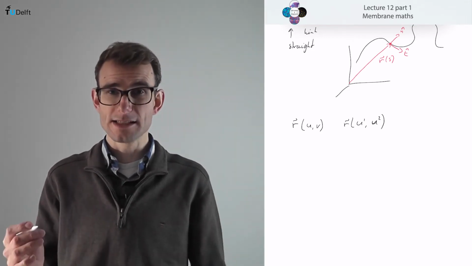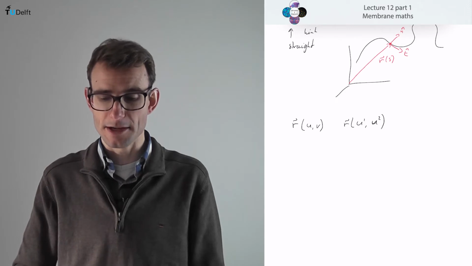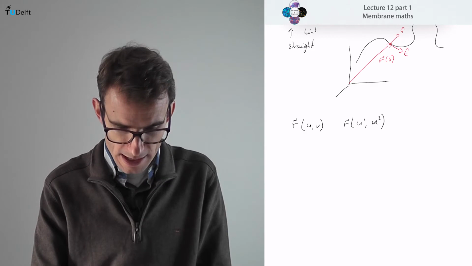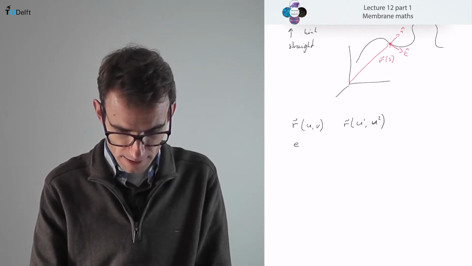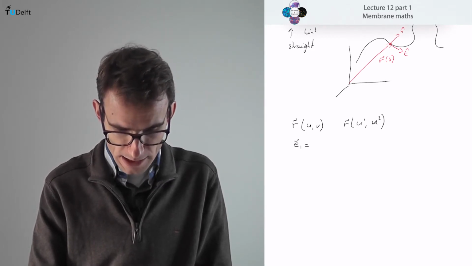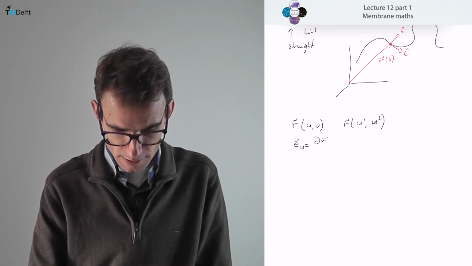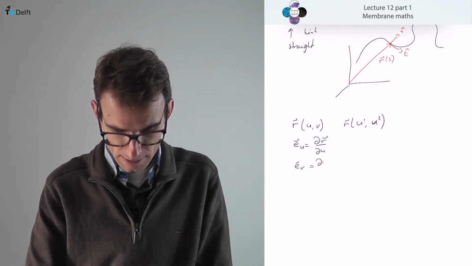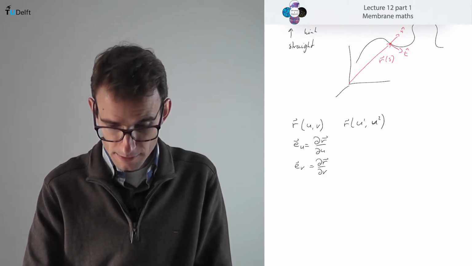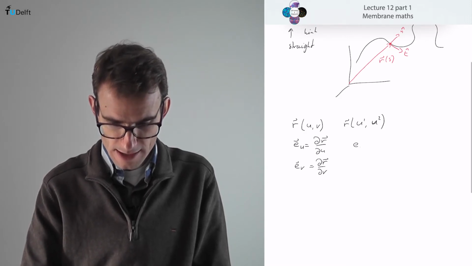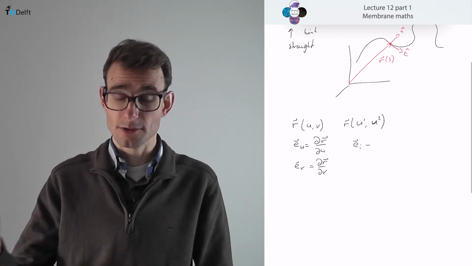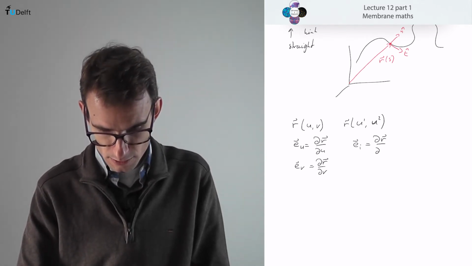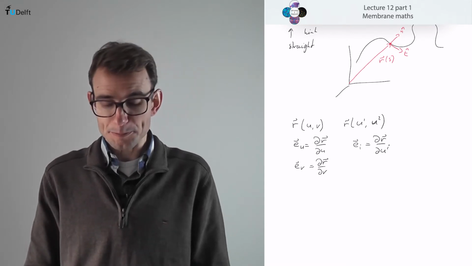And my two basis vectors, and I'm not going to normalize them this time, are going to be E_u and E_v: E_u is the derivative of r with respect to u, and E_v is the derivative of r with respect to v. Or if I use the 1, 2 notation, E_i, where i can now be 1 or 2, not 1, 2, or 3, is the derivative of r with respect to u_i.